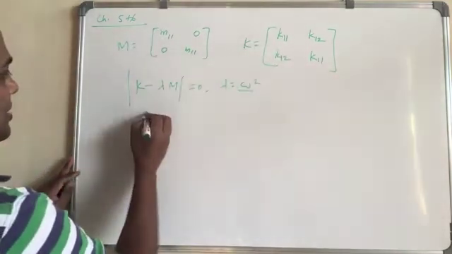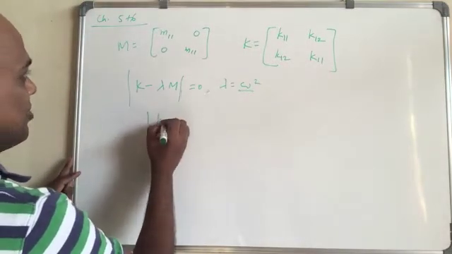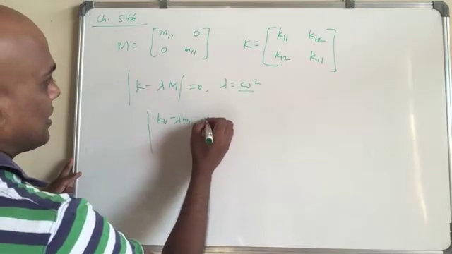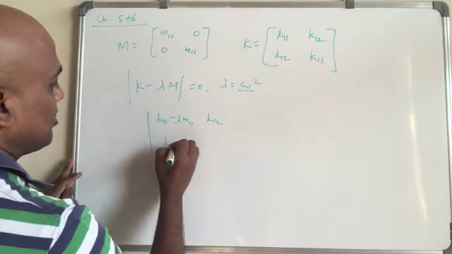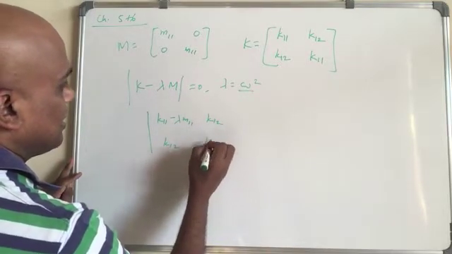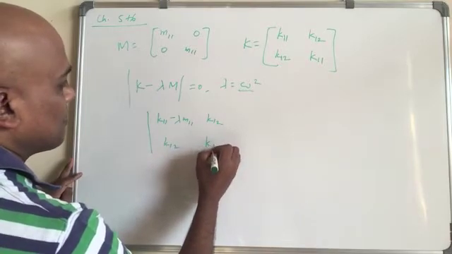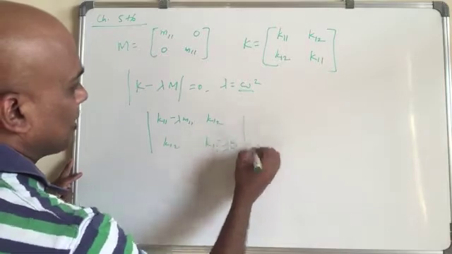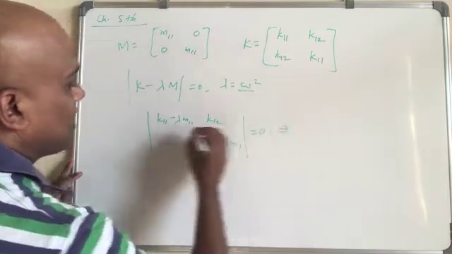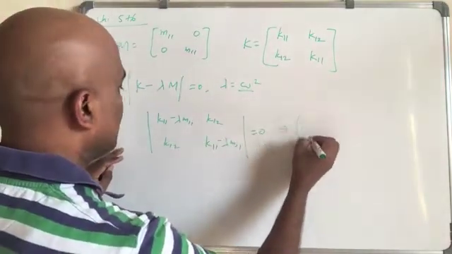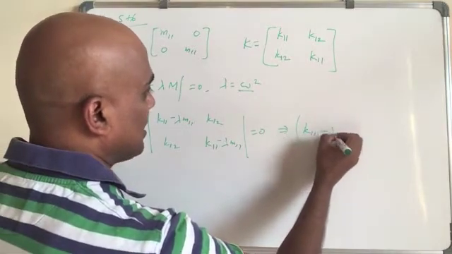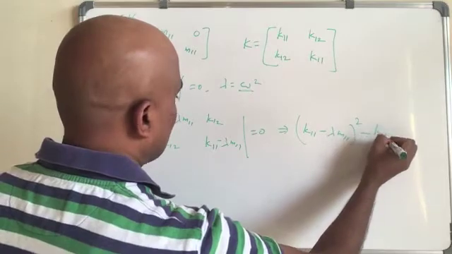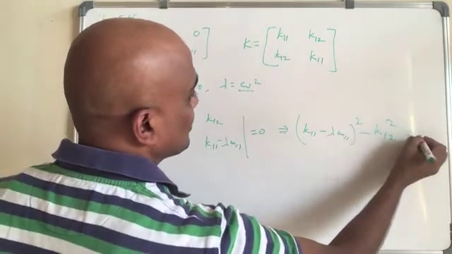So you do that. So what do you get? You get the matrix K11 minus lambda M11, K12, K12 and K11 minus lambda M11, equal to 0. And what you get is simply K11 minus lambda M11 all squared minus K12 square is equal to 0.